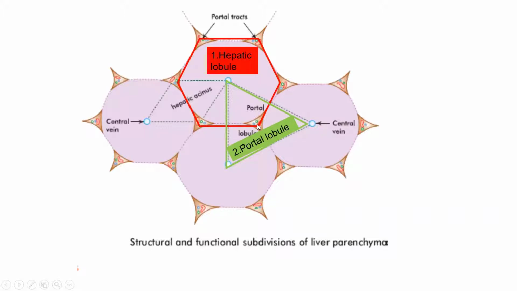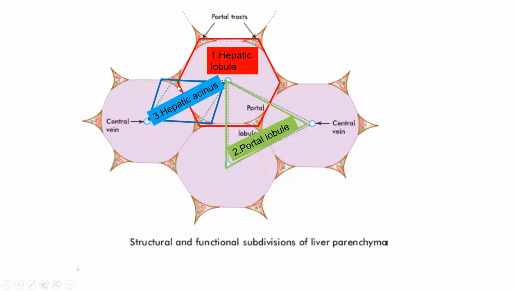Lastly, we have the hepatic acinus of Rappaport. This can be defined as areas of liver parenchyma irrigated by terminal distributing branches of portal vein and hepatic artery present at the interlobular plane.